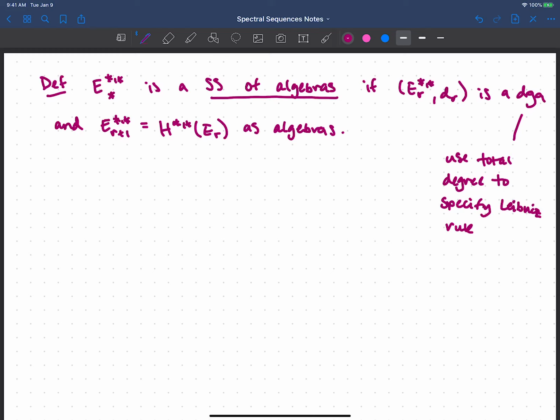Okay, so often what we'll want to do is use cohomology of spaces, because then we get some algebra structure. And for example, in our Serre spectral sequence, we'll see that if we do a cohomological Serre spectral sequence, then it is in fact a spectral sequence of algebras, and we can really use that to push the calculations forward. Okay, so let me stop there for now, and we'll pick up next time.